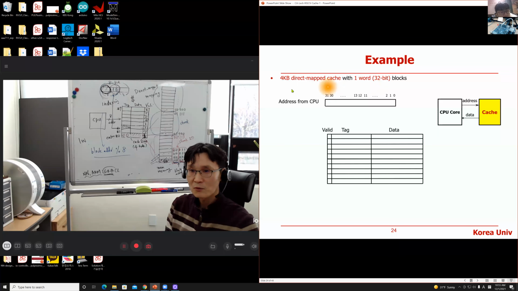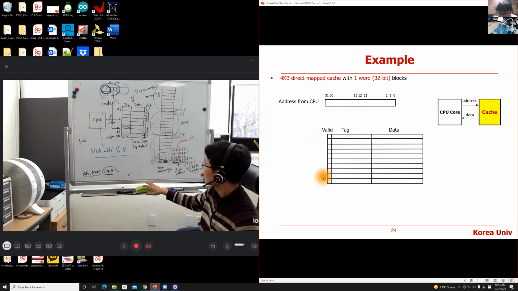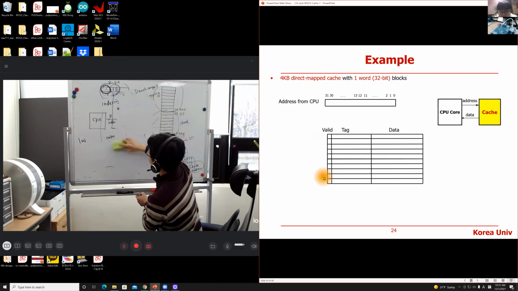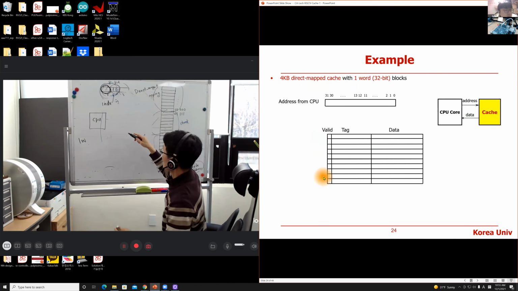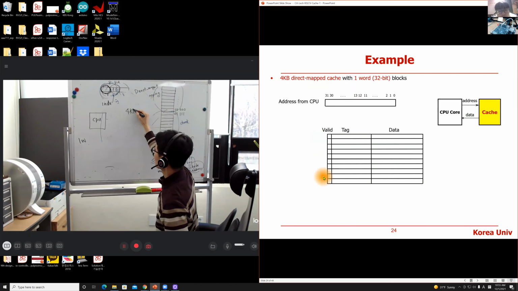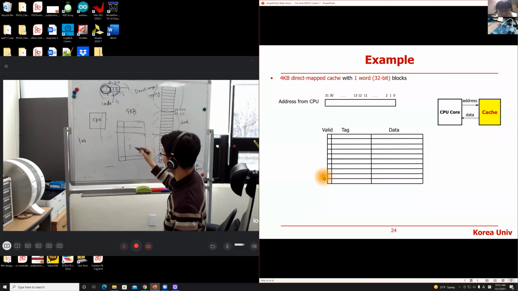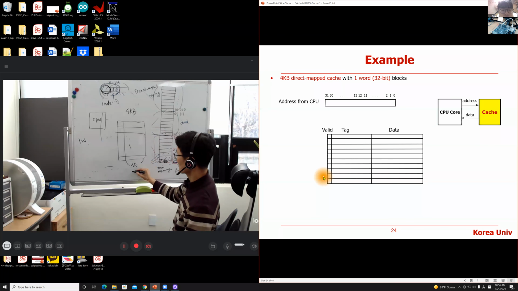Very bad example, but anyway, let's go through it. A 4K byte direct mapped cache, so the cache capacity is 4K bytes, and each cache line is 4 bytes.